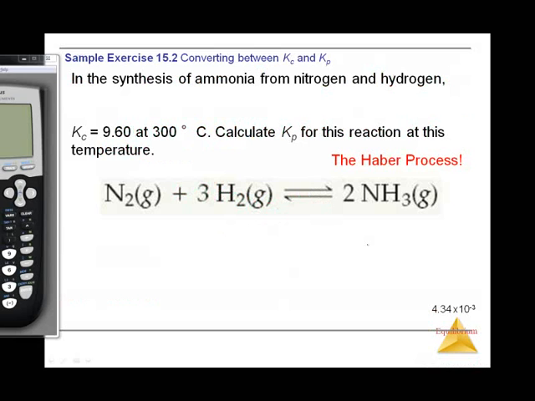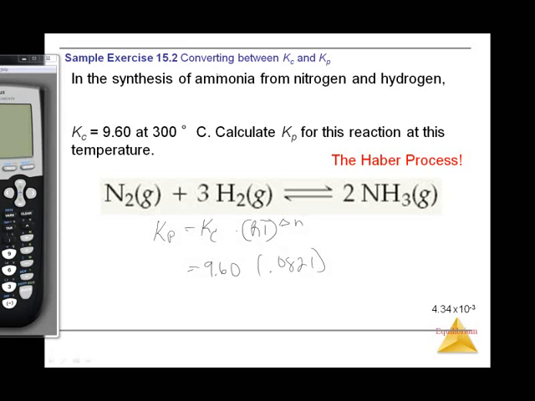calculate the Kp for this reaction. Okay, so Kp, as we just said, is equal to my Kc times RT to the change in n. Okay, my Kc is 9.60. My R is 0.0821.